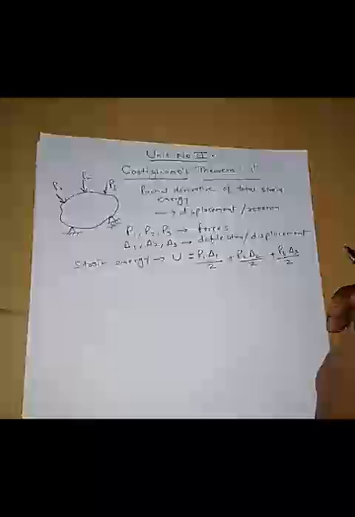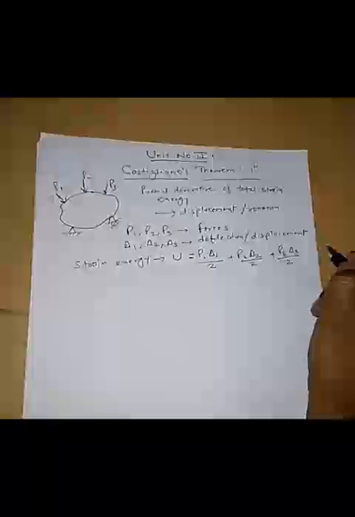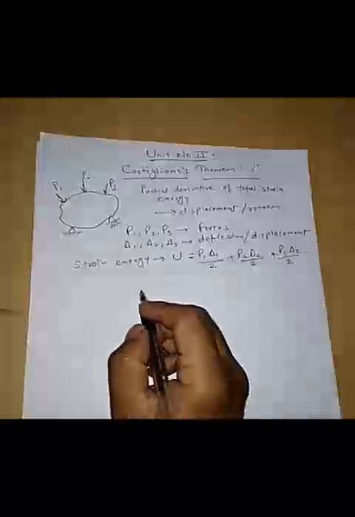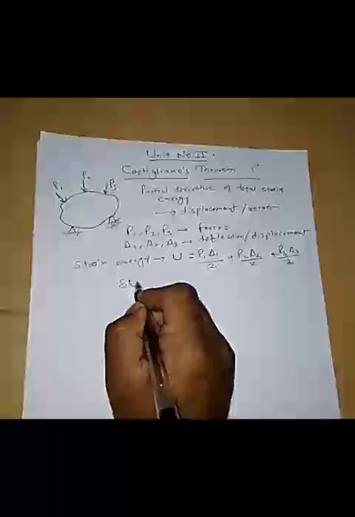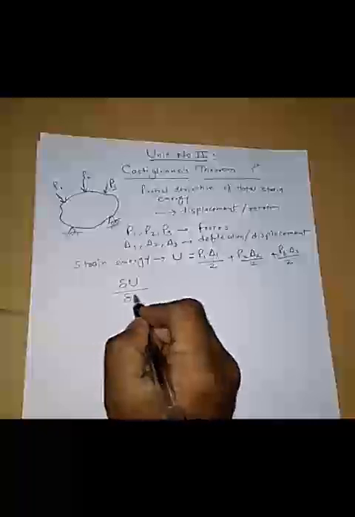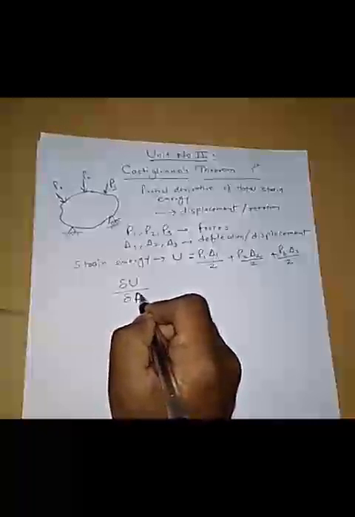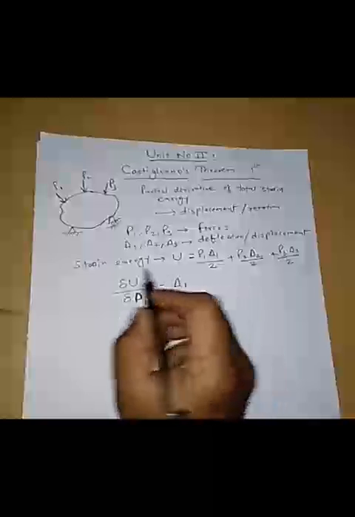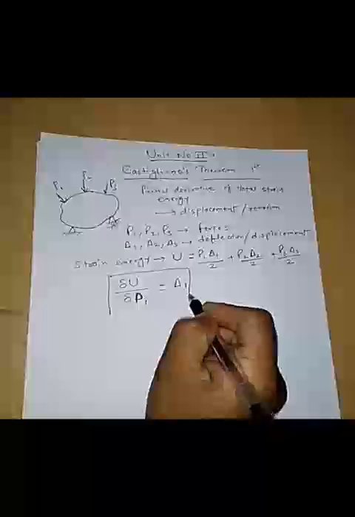So if we just solve this one continuously, we will get finally, because this is Castigliano's theorem first, what does this indicate? It indicates that the partial derivative of this strain energy with respect to the applied force will give you the displacement.